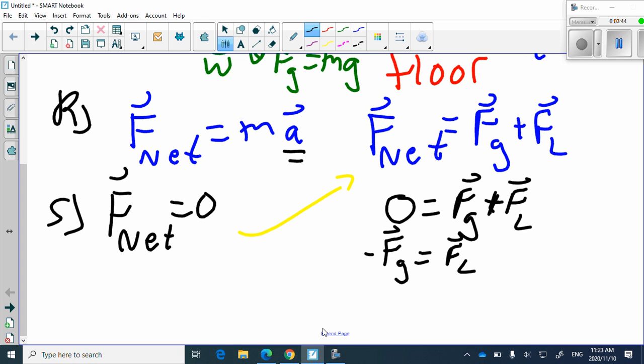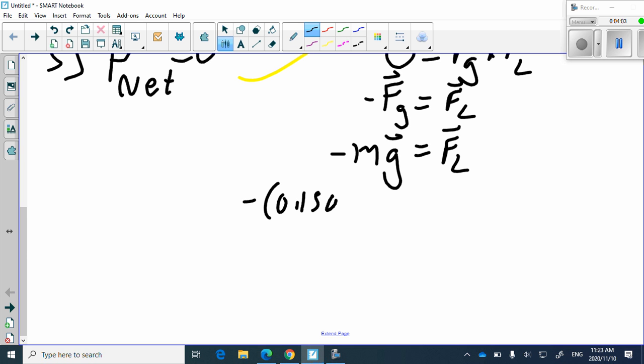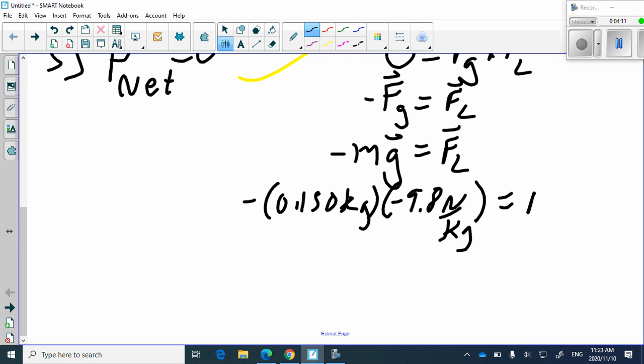So I know the equation for the force of gravity. I keep the negative sign, put m g, and that would be force lift. So that's negative 0.150 kilograms times negative 9.8 newtons per kilogram is equal to force lift.